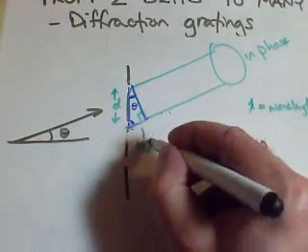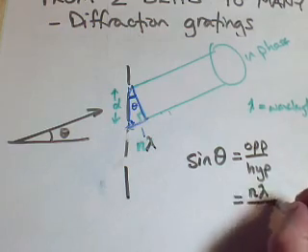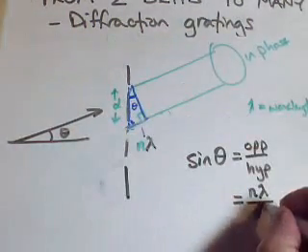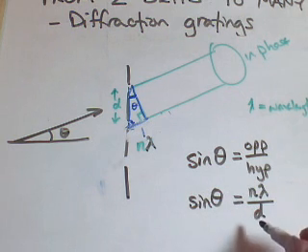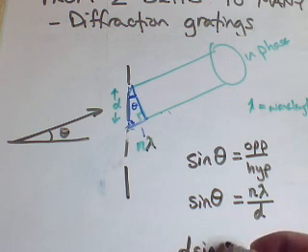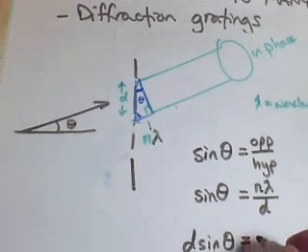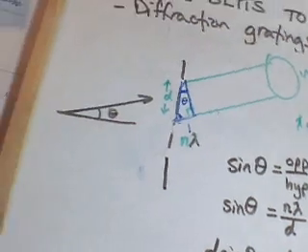So the opposite is this one here, which is my n lambda, and the hypotenuse is this one here, which is d. And that's sine theta. So if I multiply both sides of that by d, I get that d sine theta equals n times the wavelength lambda.